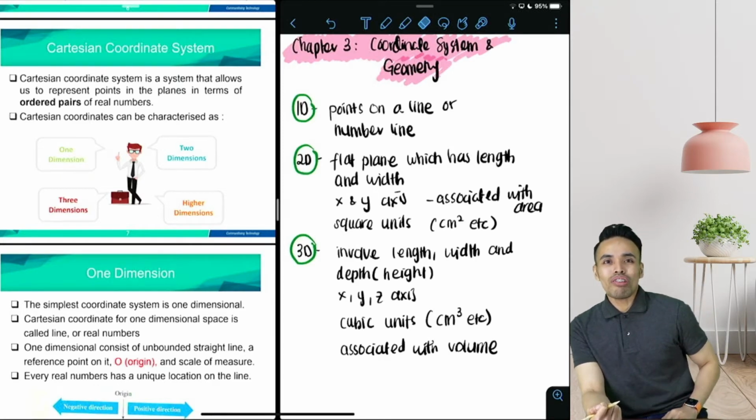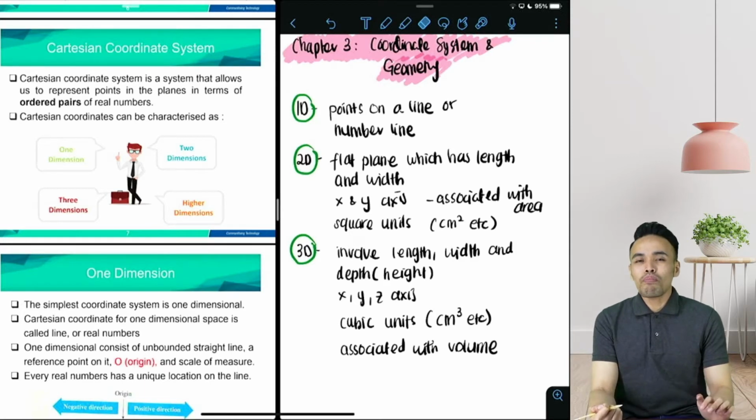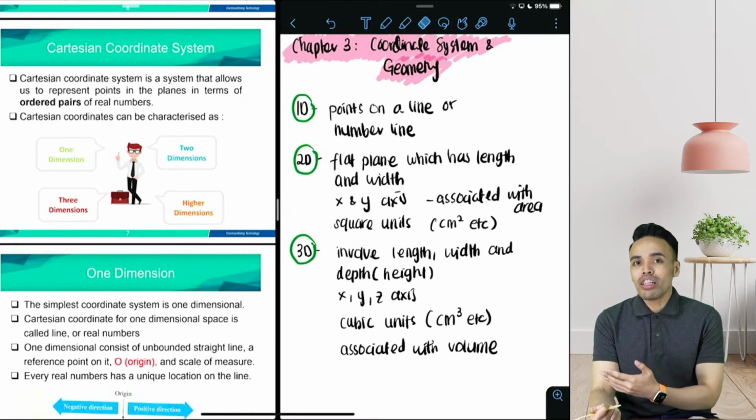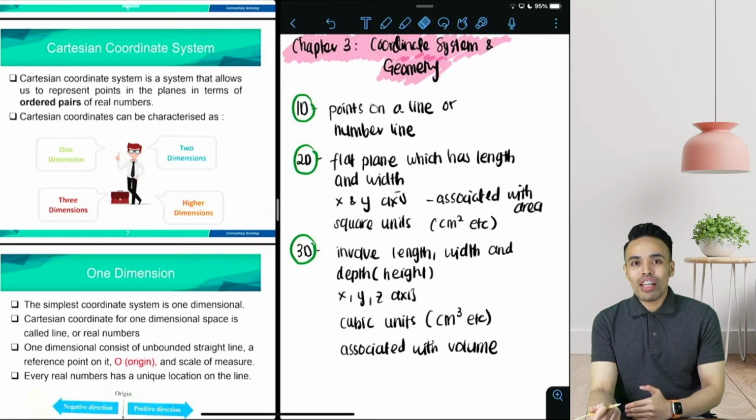Meanwhile, a two-dimensional coordinate system is defined as a flat plane which has length and width, the x and y axis. And last but not least, we also have a three-dimensional coordinate system that involves length, width, and depth, or someone can call it height, which can be represented by the x, y, and z axis.